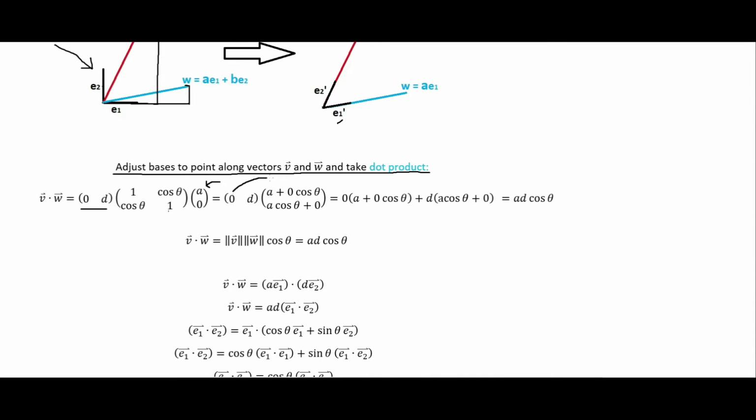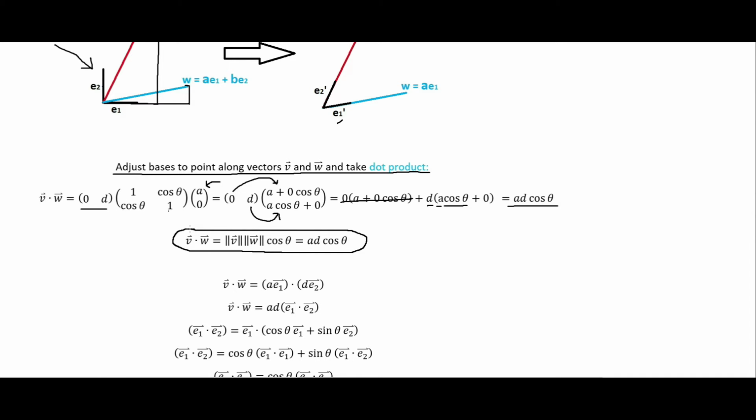Then we multiply this by that up there and this by that down there, so we end up with this 0 here, so that goes away. Now we have this d times a times cosine theta. That gives us our ad cosine theta.